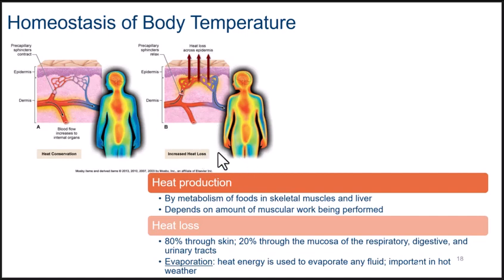In an example where we need to lose heat because our body's getting too hot, let's say we're in a hot environment or we're exercising, these capillaries will dilate. This is constriction. They will dilate or widen, and we have the encouragement of blood into these capillaries, and we will lose heat across the epidermis in order to help us cool down.